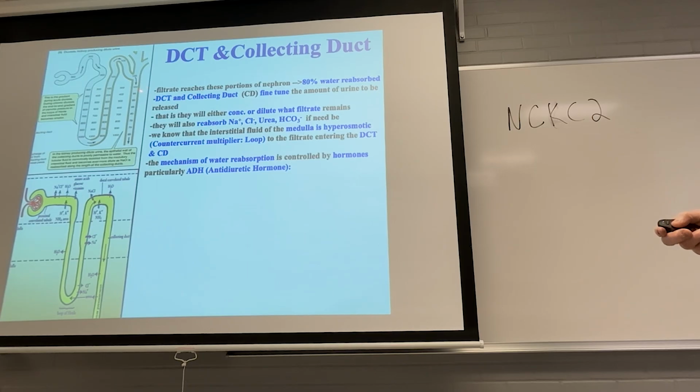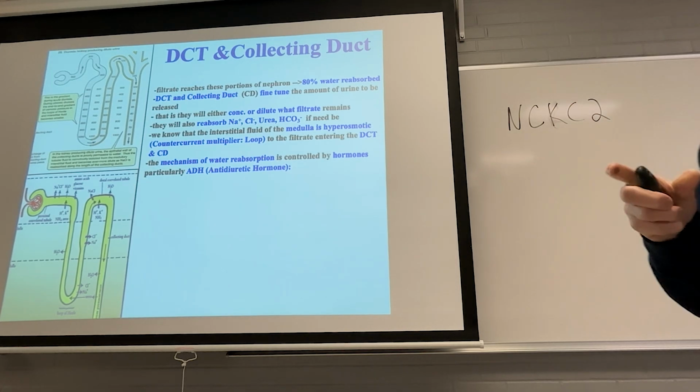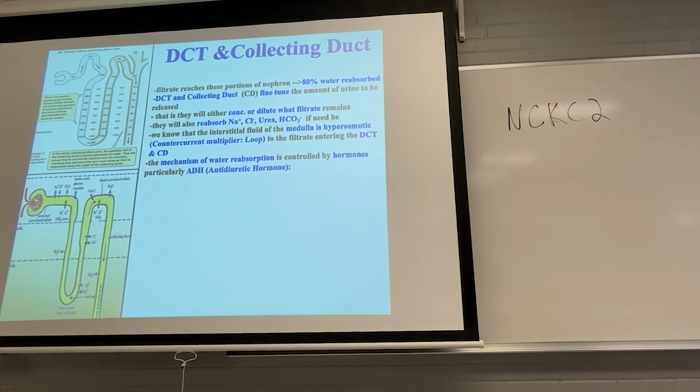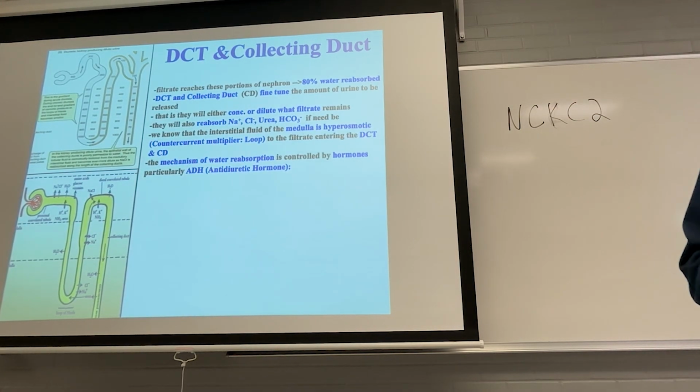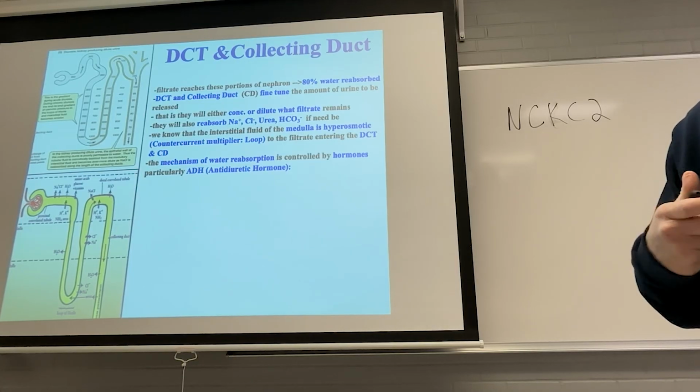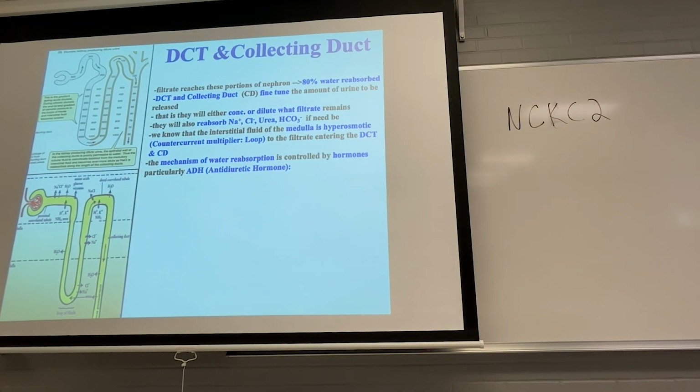So notice my number continues to drop, doesn't it? 100, 95, 90, 80, 70, to about 65 milliosmoles, which is about 4 times less than the osmolarity of the blood. So I can produce urine that's 4 times as dilute as blood osmolarity. And this is what happens when you are really hydrated.